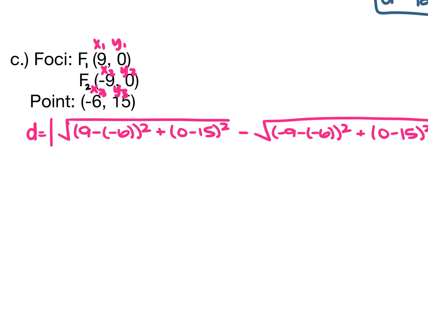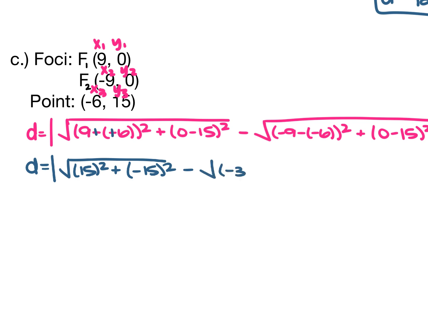So this is just going to simplify to give us d equal to the absolute value of the square root of 15 squared plus -15 squared, minus the square root of -3 squared plus -15 squared. Simplify this even further.